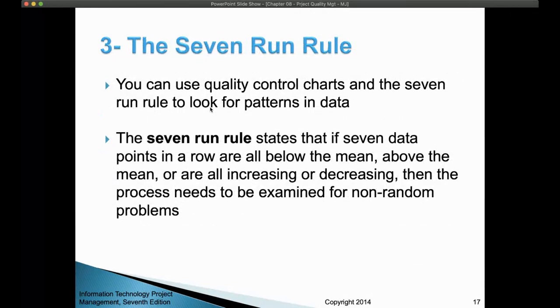Then there is something called the 7-run rule. The 7-run rule states that if 7 data points in a row are all below the mean or above the mean, or they are increasing or decreasing, then the process needs to be examined for non-random problems.